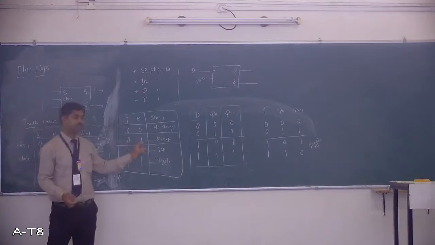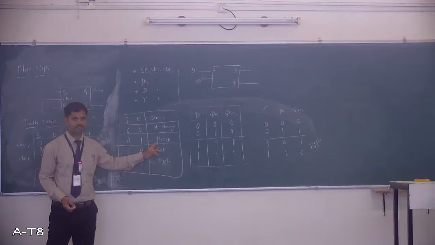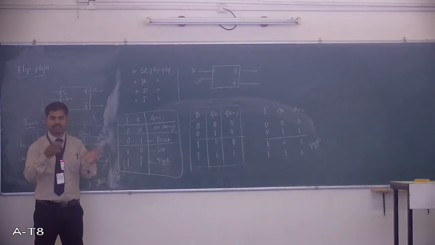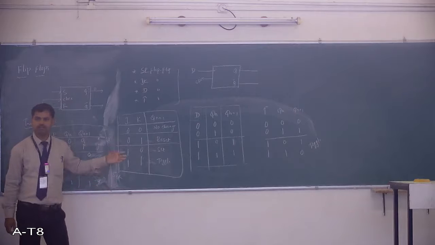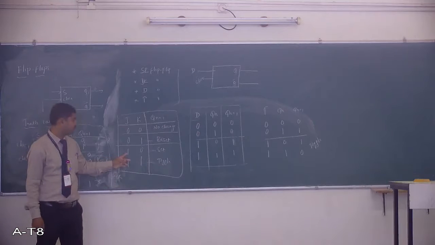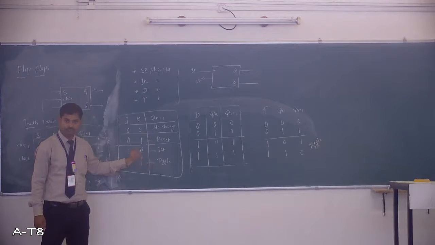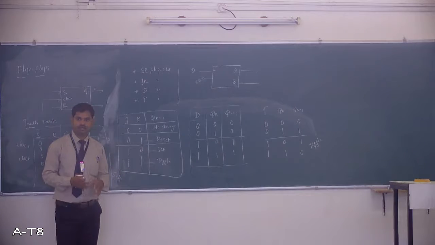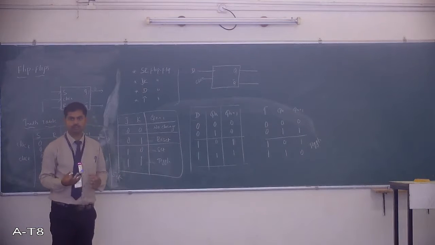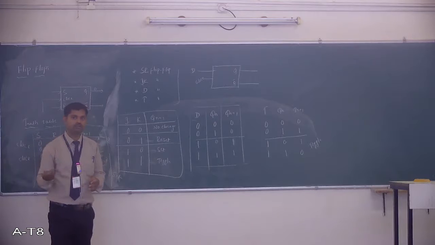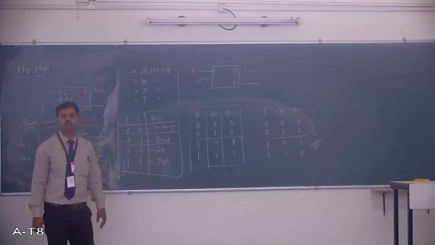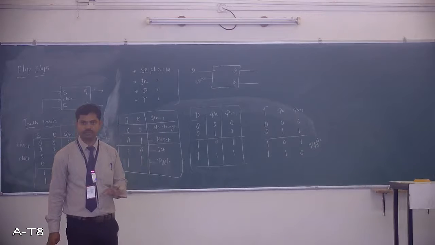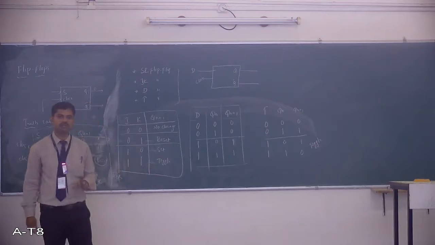If J is 0, K is 1, it's a reset. In SR, S is 0, R is 1. Keep it side by side, it's almost the same. Yes, J is 1, K is 0, the 1 0 state is set. Before applying input, whatever may be the state of the flip-flop, if you apply 1 0 along with the clock, output is turned into logic 1, whatever the previous state. It maintains logic 1. That's a set state.